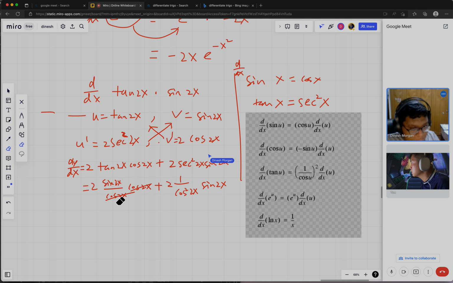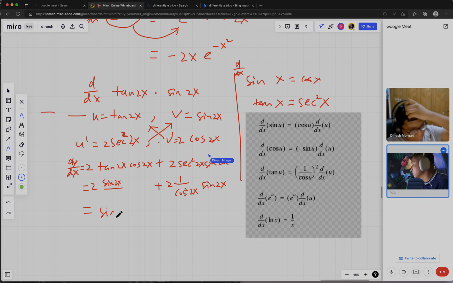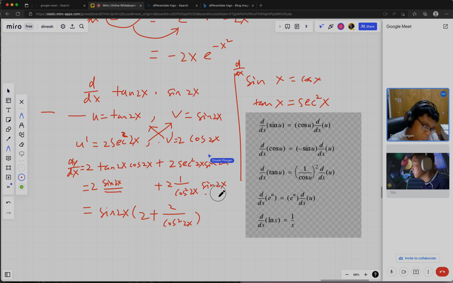Secant square 2x I can change to tangent, but it doesn't help much. Maybe sometimes they will ask you to prove it is equal to a certain thing. So I take out the common factor. But anyway, we are not talking about getting it into a particular format. We focus on the approach of differentiating here. So that's how you do the differentiation.